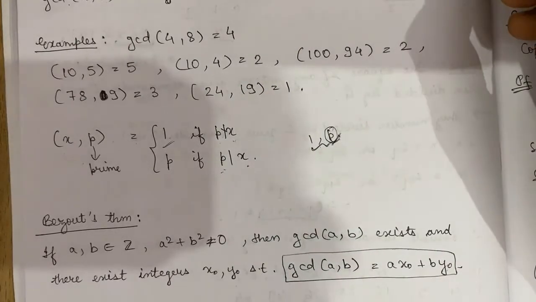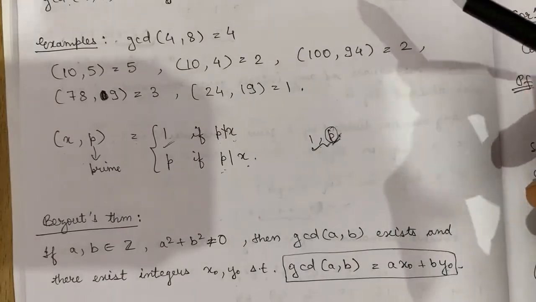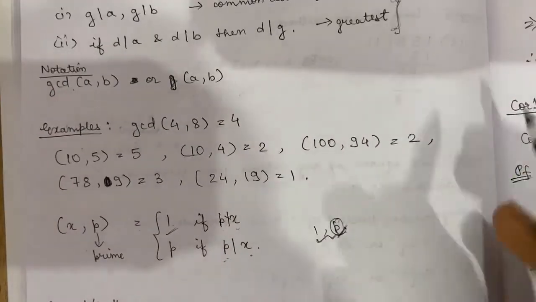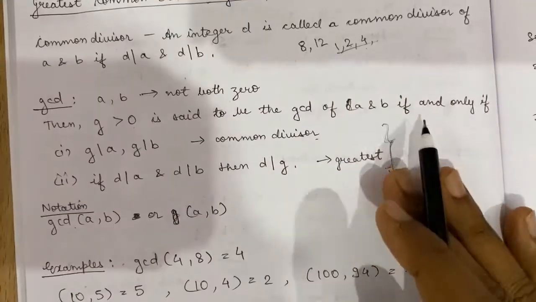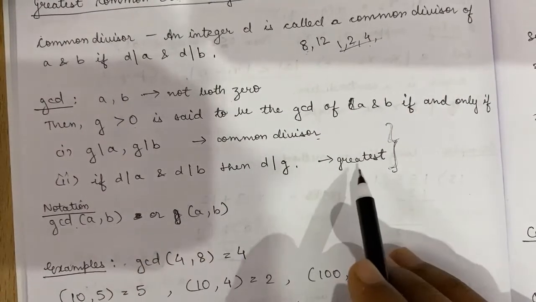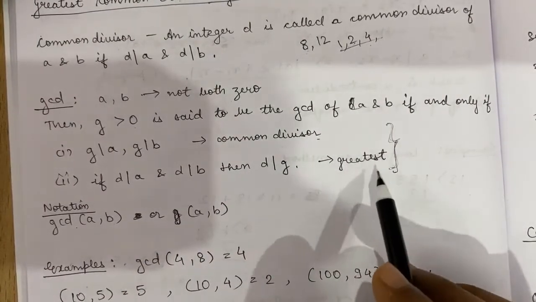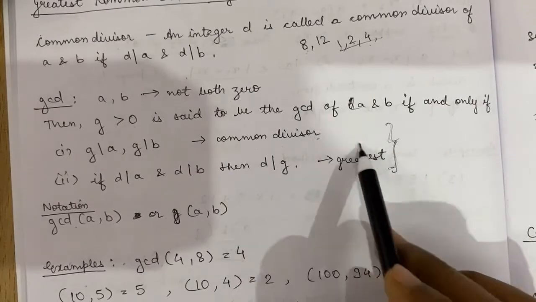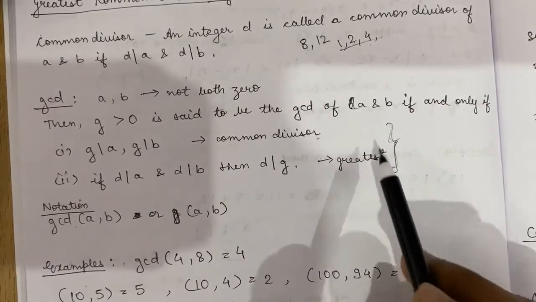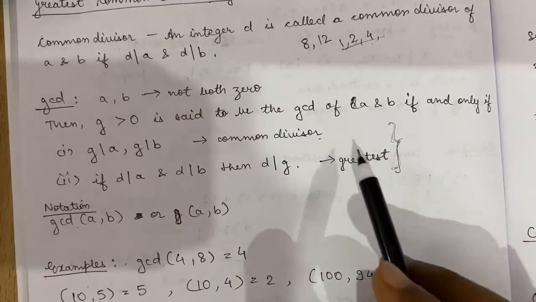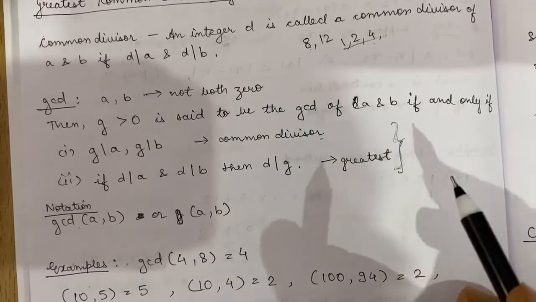Earlier we just defined the GCD in terms of some abstract properties, like the GCD is a common divisor and the GCD is the greatest, but we did not give any method to find this greatest common divisor. We could not even ensure that the greatest common divisor always exists.